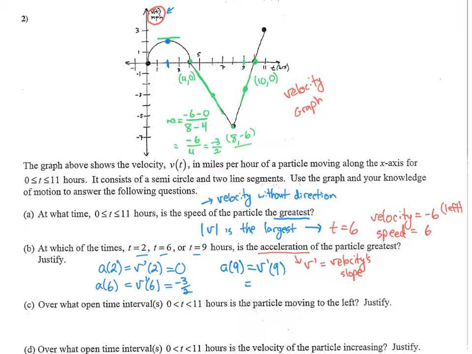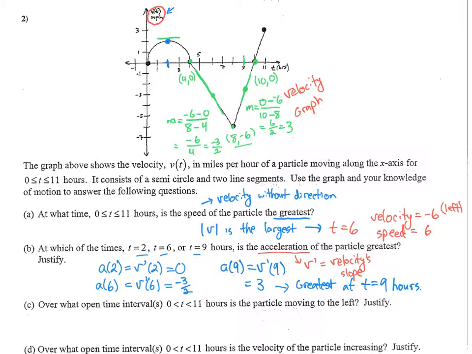So let's find the slope between those. We would have 0 minus -6 over 10 minus 8. So this would end up being +6 over 2, or 3. So my acceleration at 9 hours would be 3. So from there I can conclude that this is the time where the acceleration would be the greatest. So the acceleration is the greatest at t equals 9 hours.